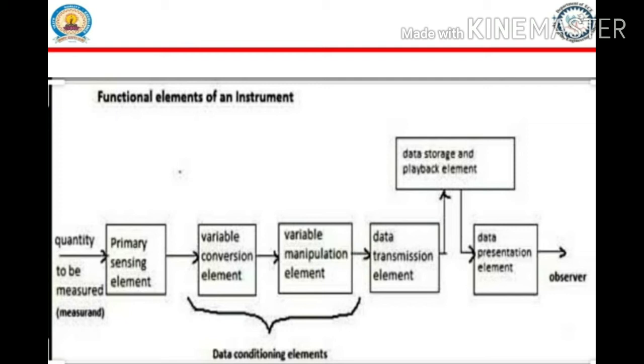Pre-processing means that in this stage you are doing certain kinds of variable or signal manipulations or conditionings. Whatever input signal you obtained from the sensor of the weighing machine will go through different stages of filtering and amplification.